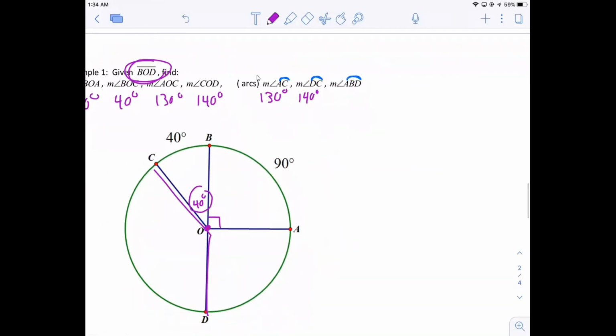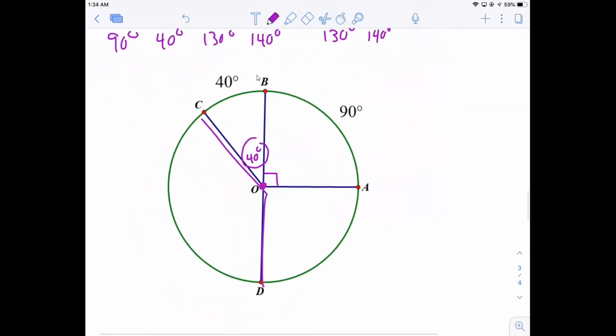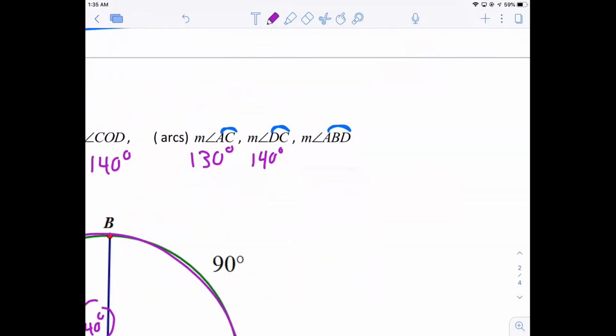And what's the measure of angle ABD? Sorry, not the measure of angle ABD, but the measure of arc ABD. So that's going to be 270 degrees. And hold on, I want to check something real quick.